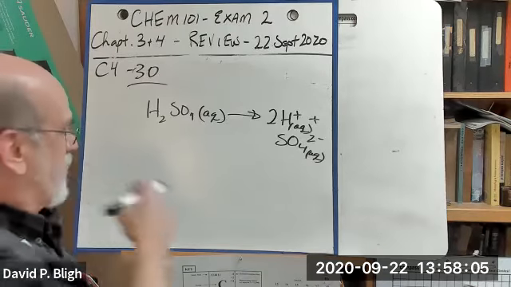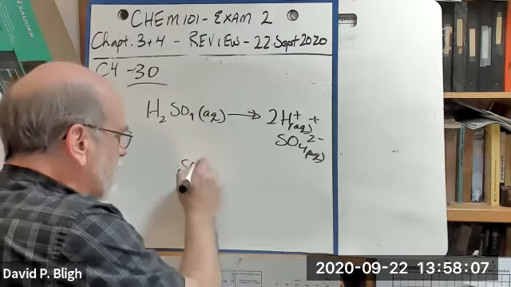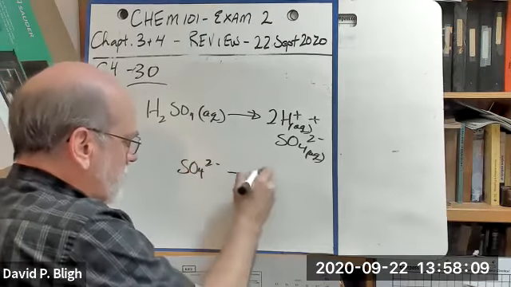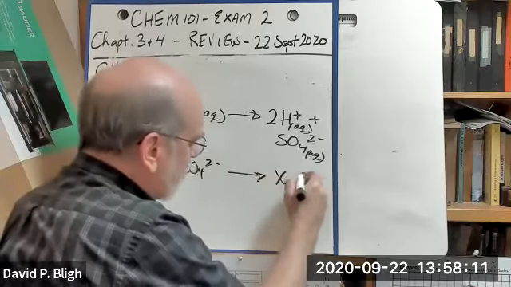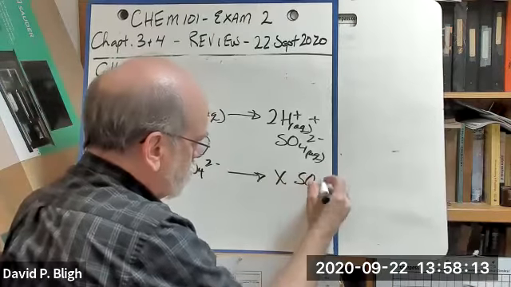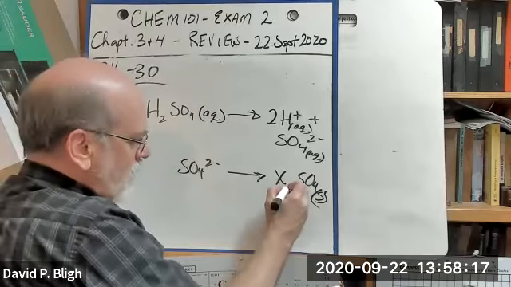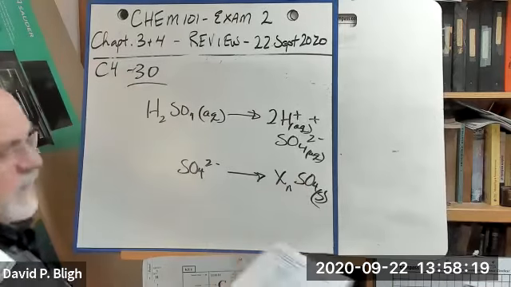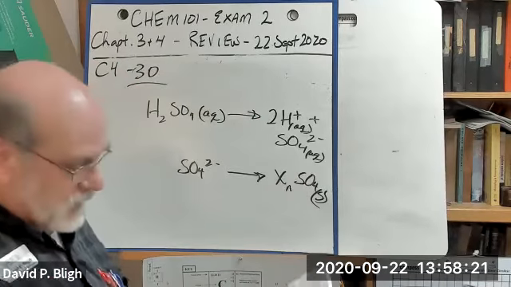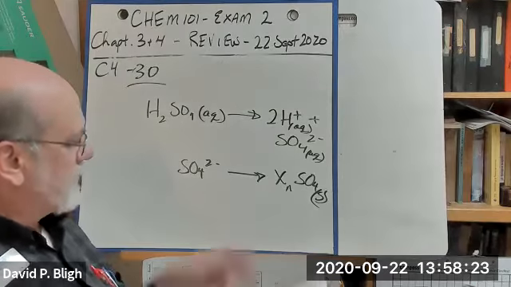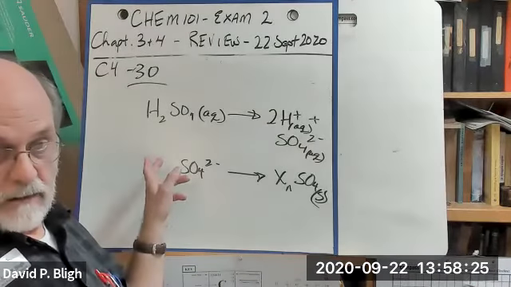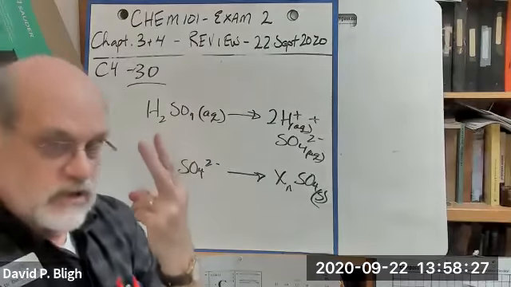Well, we need to combine sulfate with something that makes a solid. And this could be almost anything. It could be multiples. But we need a metal that has two conditions.